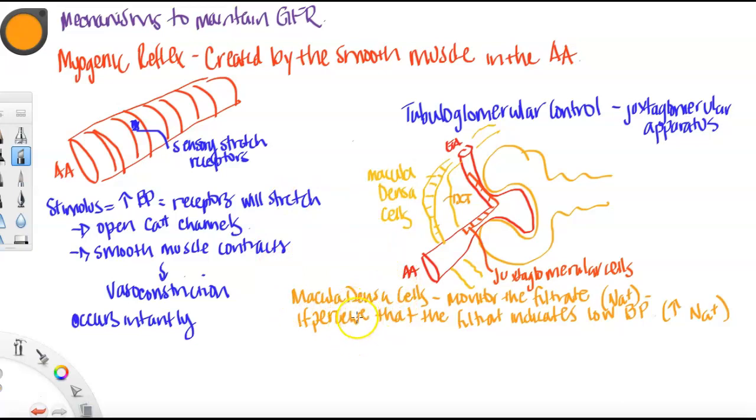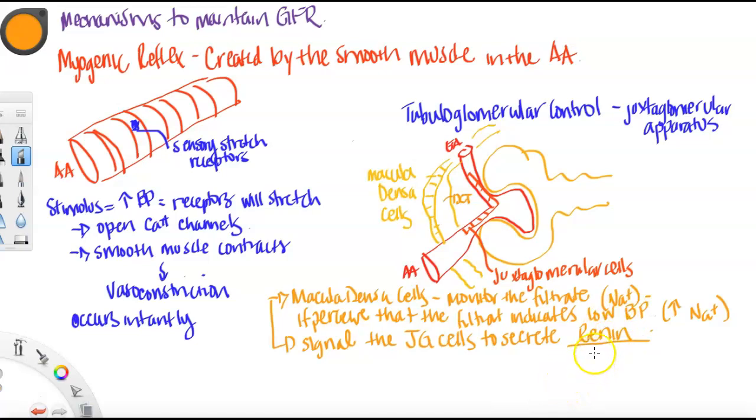So when the macula densa cells alert that there's low blood pressure, they signal the juxtaglomerular cells to secrete something called renin.